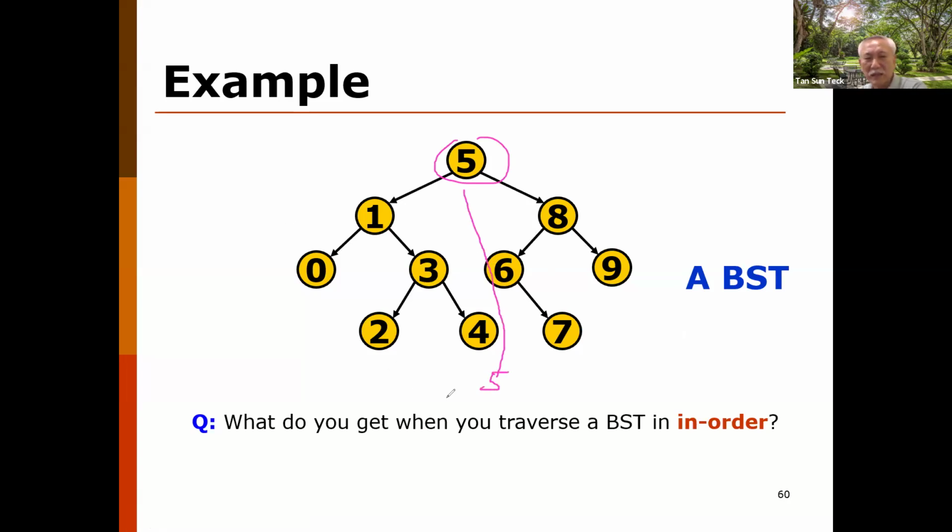Everything on the left-hand side is smaller, and recursively true. So 5 is at the correct sorted position. And over here, 6, 7, 8, 9 will be on the right-hand side. So you can do the traversal yourself.